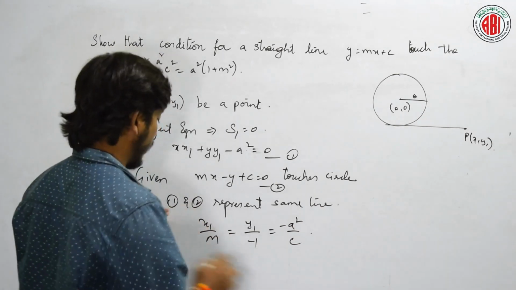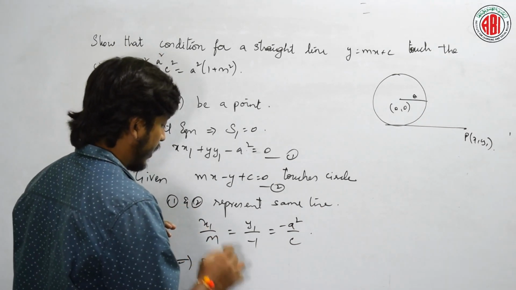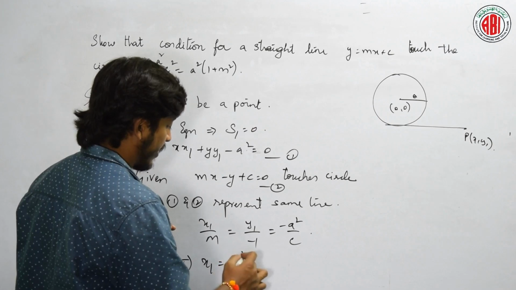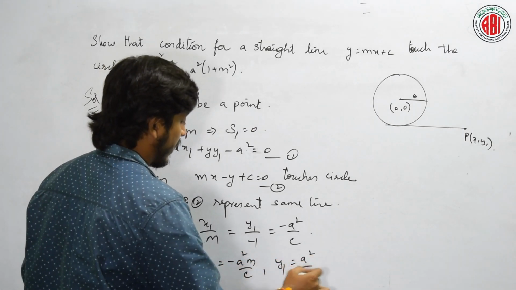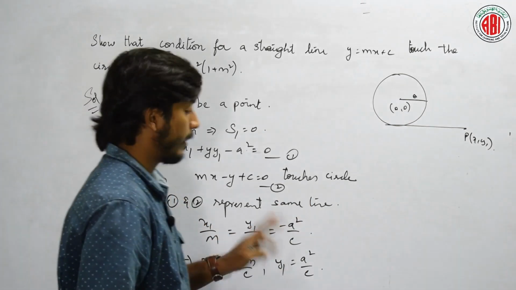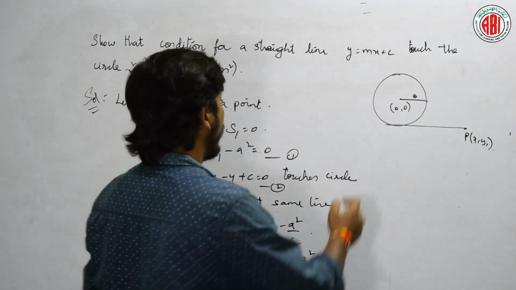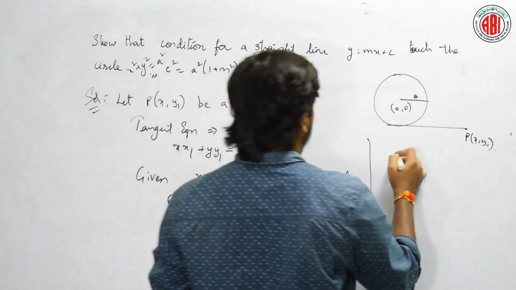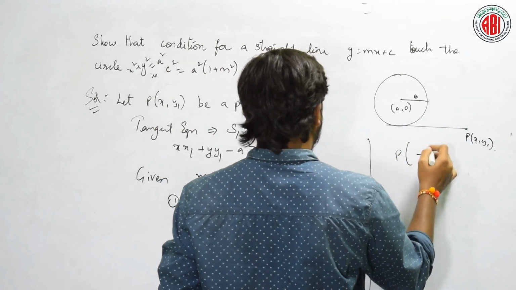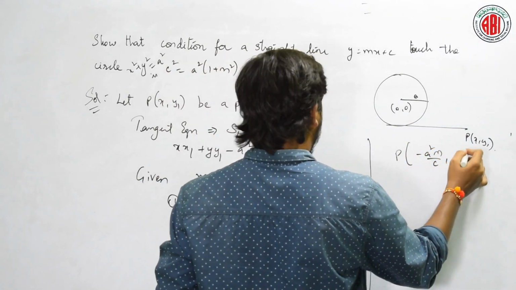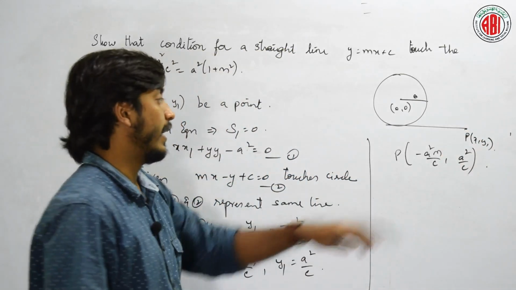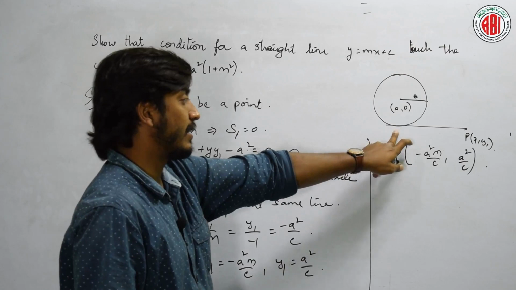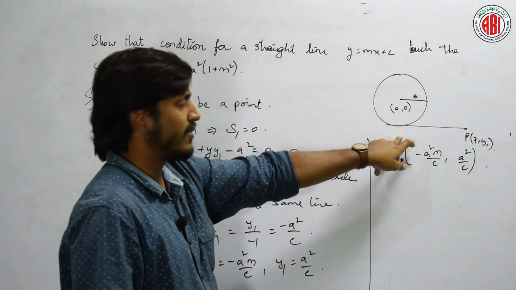So, if we consider, I will directly read x1 as minus a square m by c, y1 as a square by c. Is it right? Therefore, the point P is minus a square m by c and a square by c. Clear? Then this point lies on the circle as well as the tangent.